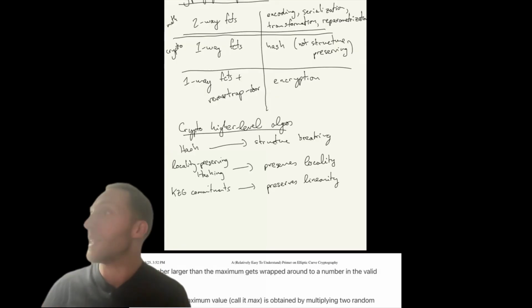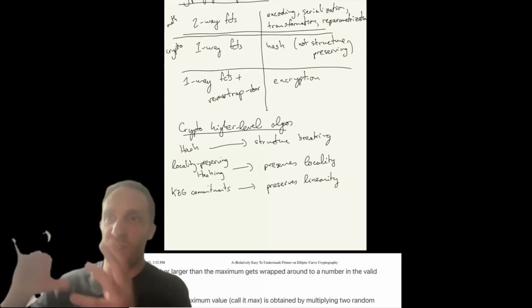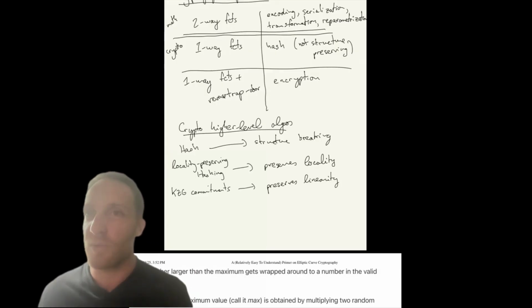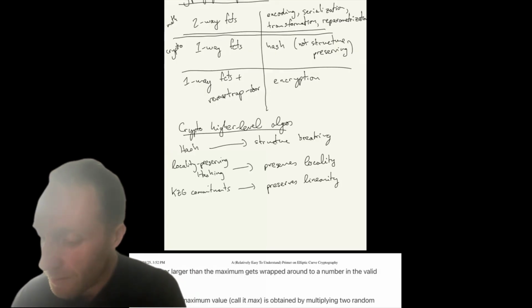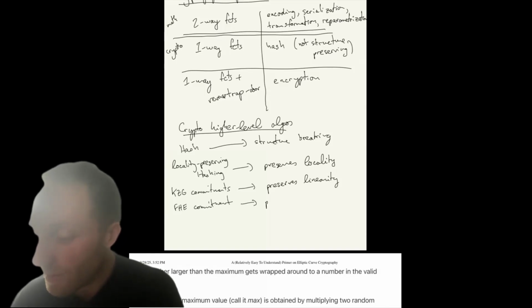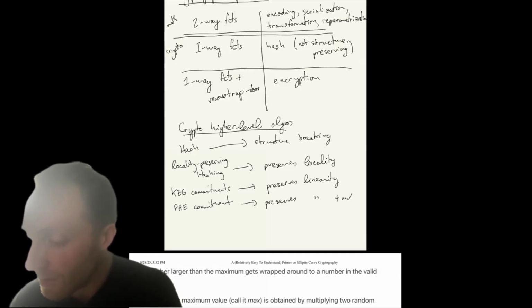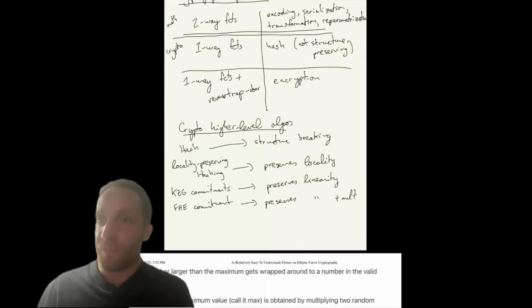Well, KZG commitment, I guess, is a bad example because it also has a pairing, which gives you some extra properties. But what I want to do is FHE commitment. This preserves both linearity plus some kind of multiplication.